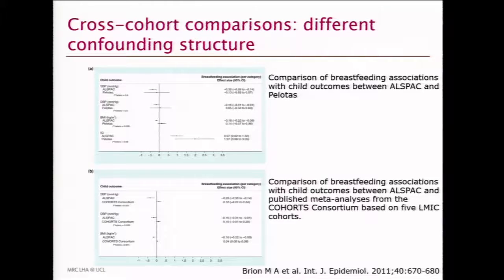So what you can see is that breastfeeding, those two lines at the bottom, in both cohorts is associated with higher IQ in the children. Whereas for systolic blood pressure, diastolic blood pressure, and BMI, breastfeeding in ALSPAC is associated with lower levels of those risk factors, but it's not associated with those risk factors, or it might go the other way in Pelotas.